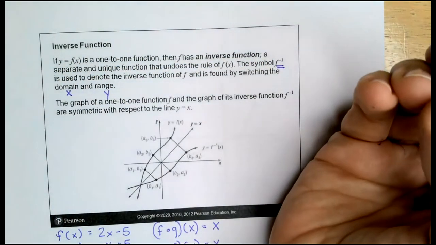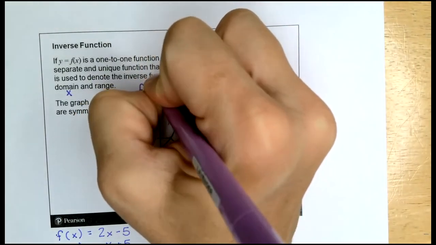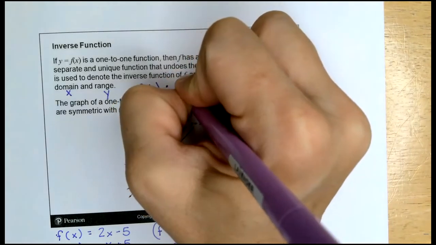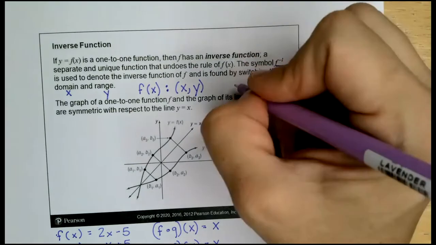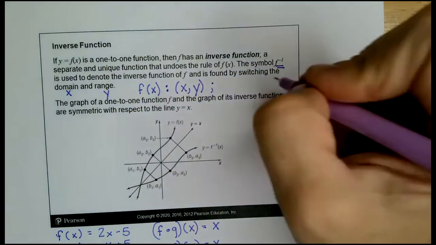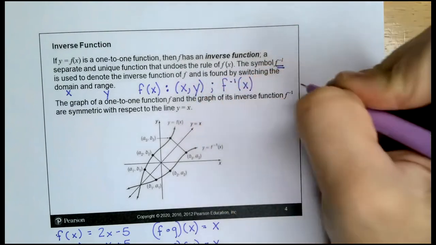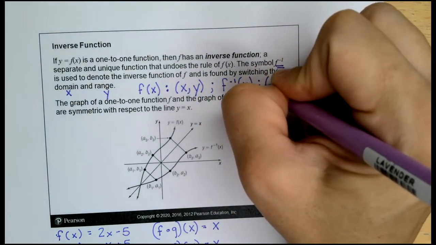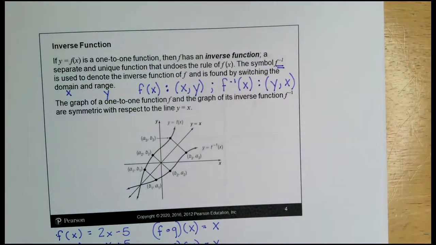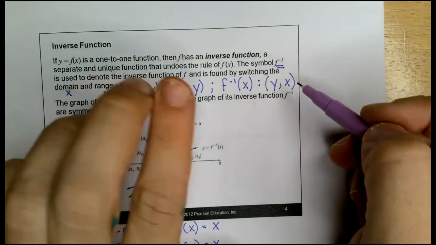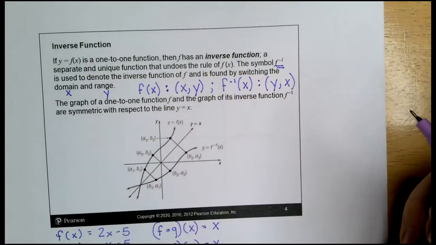So essentially, if f of x has the point (x, y), then the inverse of f of x will have the point (y, x). We switch them, okay? We just took those numbers and flipped them.